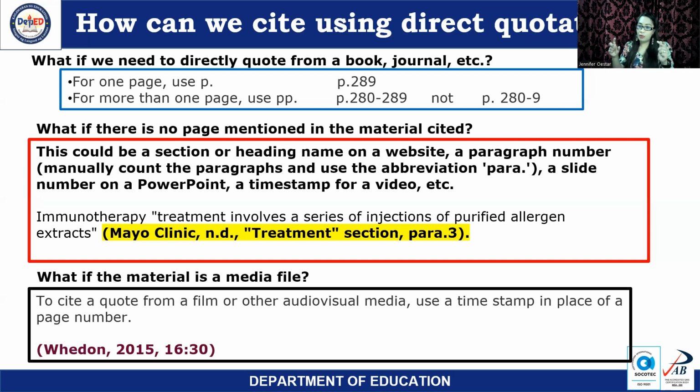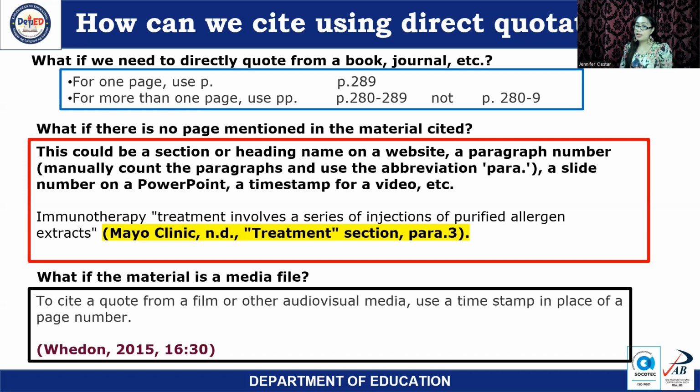For you to avoid plagiarism, since we are using direct quotations, in the first place, when or where or why do we use direct quotation? If we believe that the actual words of the author will bring strength to our paper, then you can use direct quotation, or if there's no other possible alternative for such words.